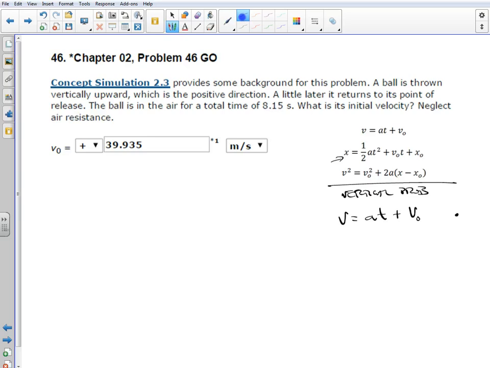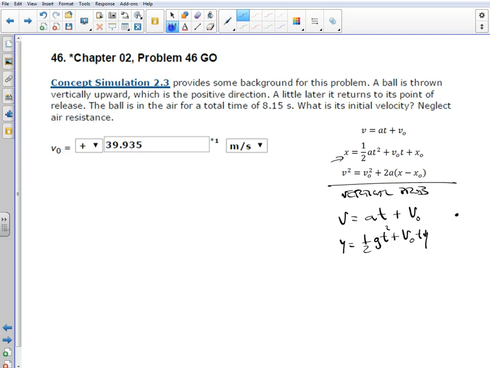So we're going to have that, and that doesn't change. Then we're going to have y equals 1/2... Now, what is the acceleration in a free fall situation? It is g. 1/2 g t squared plus v0 t plus y sub 0. A little bit sketchy over here, sorry. I'm not fitting it in.